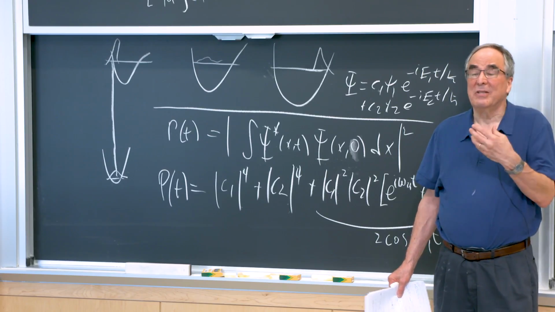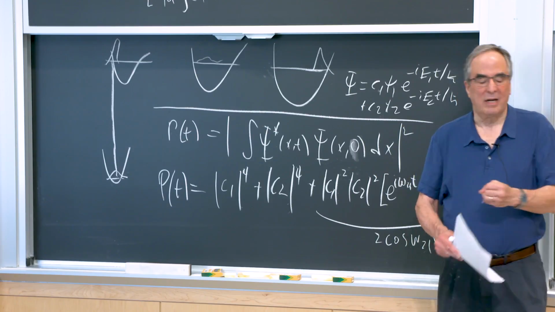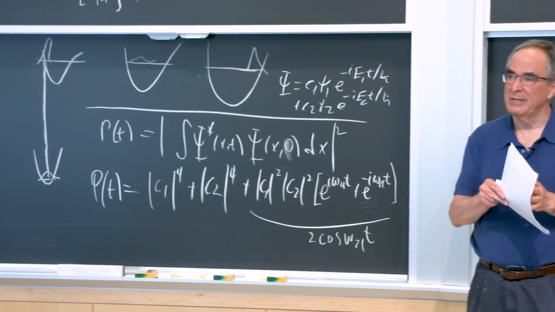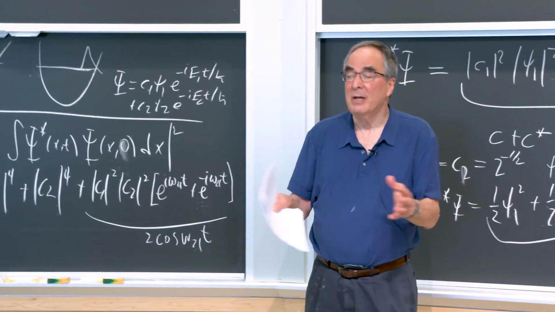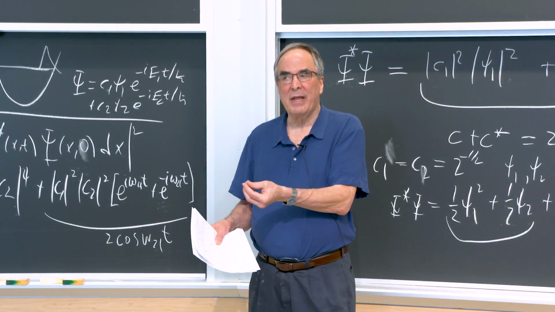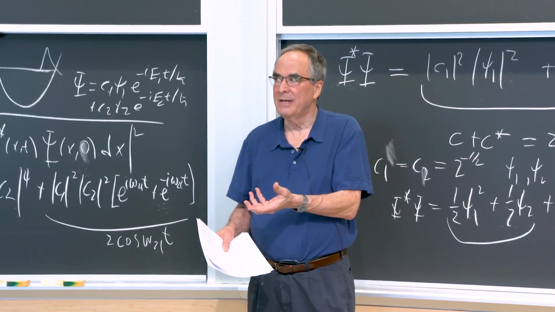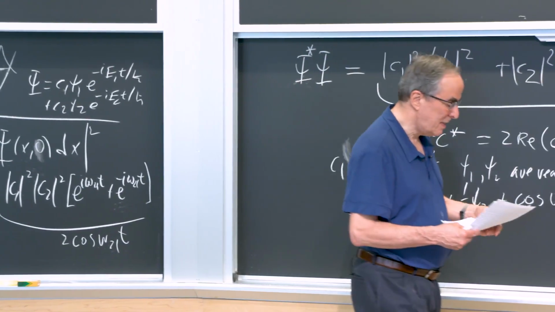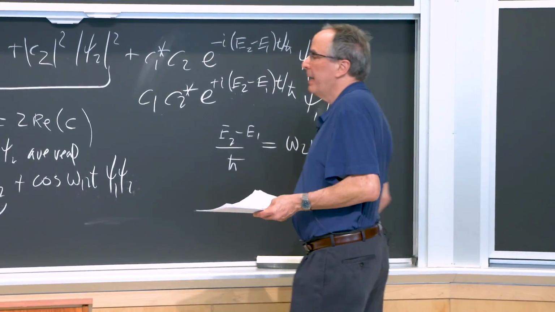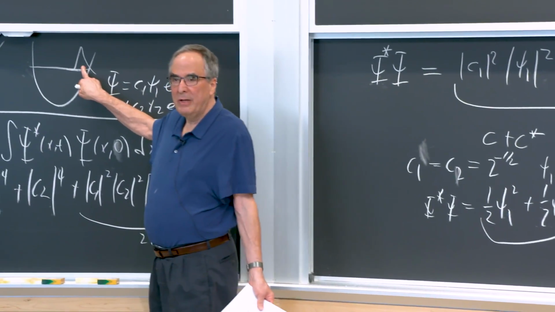And this is the basis for doing experiments. One can observe the periodic rephasings of some initial pluck, and you can look at the decay of them, and that gives you something about the shape of the potential, the anharmonicity. And you can do all sorts of fantastic things. You can create a wave packet, and you can wait till it reaches the other turning point.